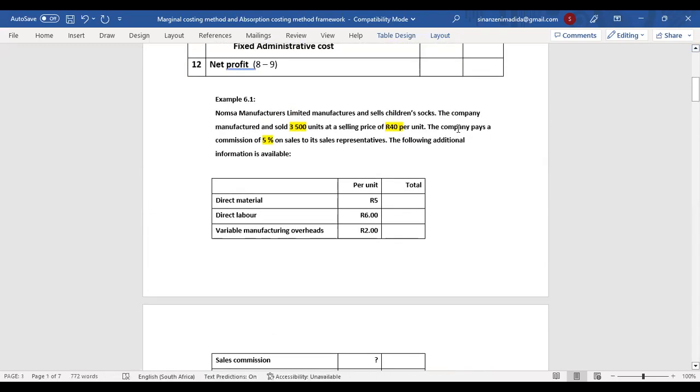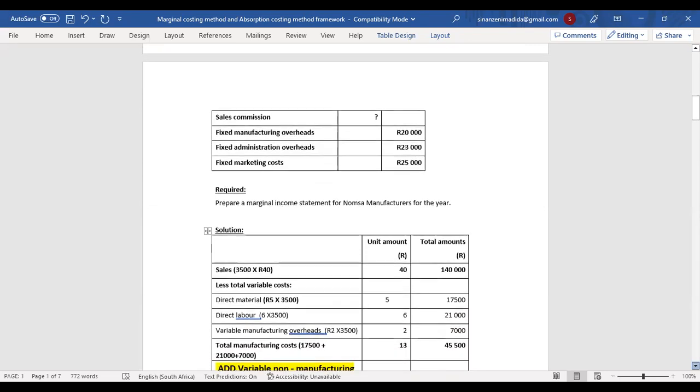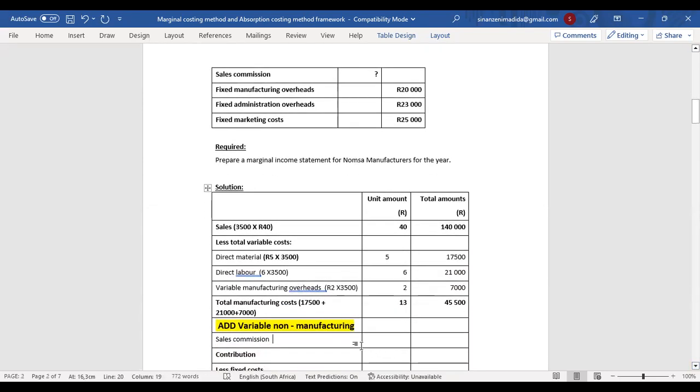Sales commission, the company pays a commission of 5% on sales to its representative. So for each unit sold, our sales rep gets 5%. What does that mean? It means that per unit, we are going to say 5% times 40 Rand.